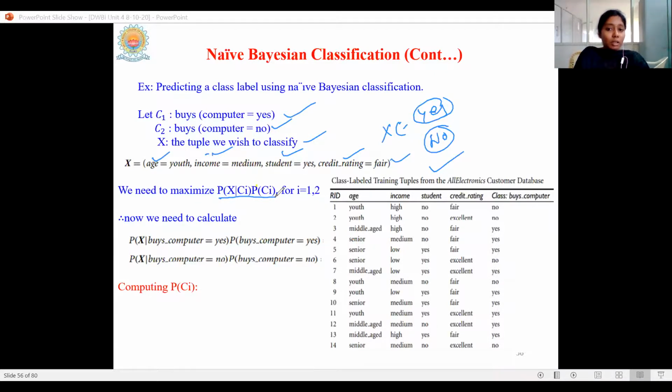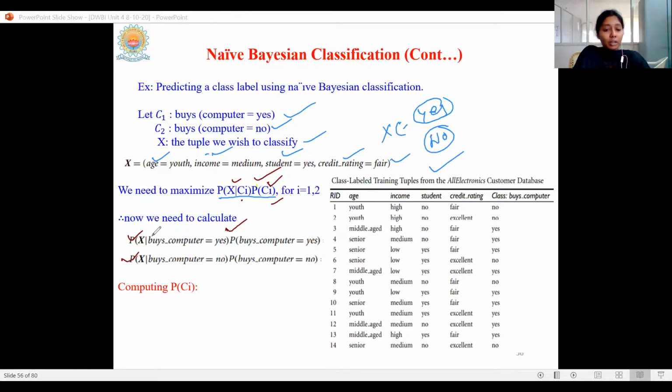Maximization in the sense we need to calculate this for each and every class. How many classes do we have? Only two classes. So what is the expansion? The first class is yes, the second class is no. So P(X|buys_computer=yes) into P(buys_computer=yes), and if it is the no class, P(X|buys_computer=no) into P(buys_computer=no). These two things we need to calculate first.